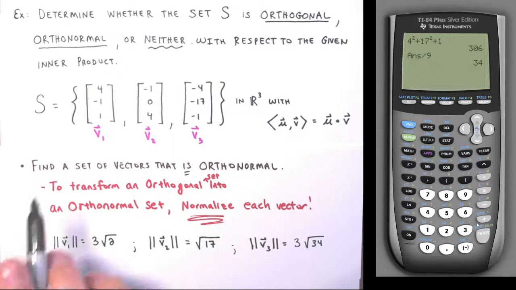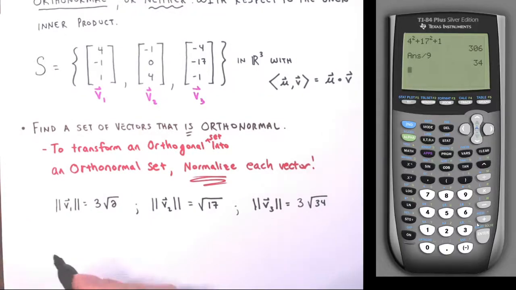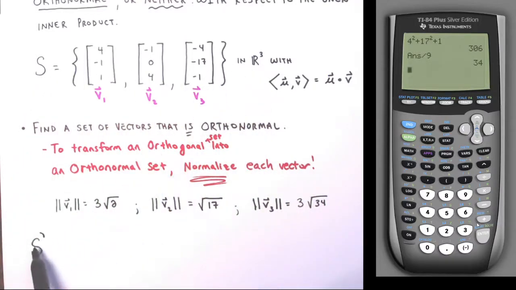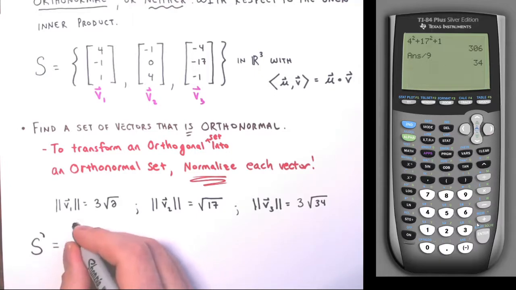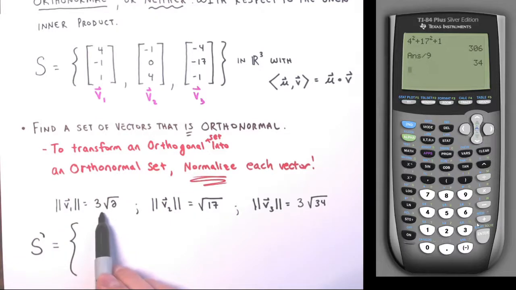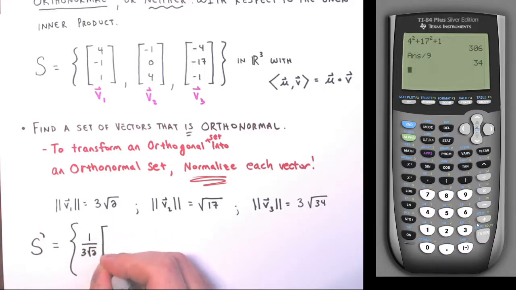Now I just need to multiply each vector by the reciprocal of the norm. So I'll get this new set, I'll call it S prime. This was S, this is S prime, a totally different set. I take vector v1 and multiply it by the reciprocal of its norm: 1 over 3 times the square root of 2 times vector v1, 4, negative 1, 1.